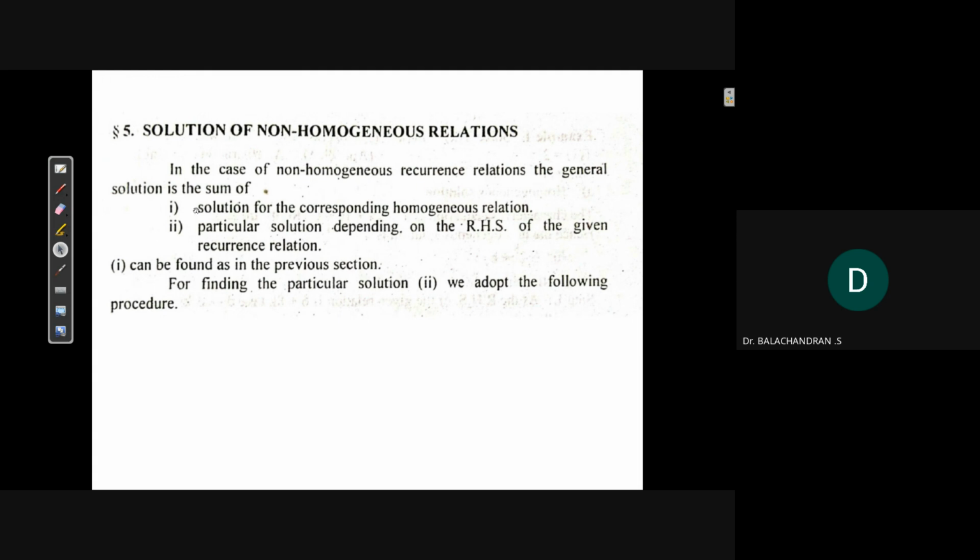The homogeneous solution we discussed in the last class, where the right hand side is 0.